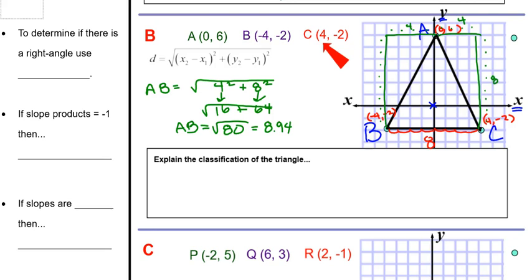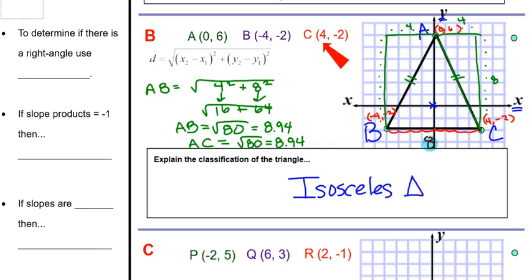It turns out that A to C is exactly the same as A to B, because I have the same X distances and the same Y distances. That means these 2 sides are congruent and the bottom is different. Remember, the bottom was 8. And so that makes us have an isosceles triangle.